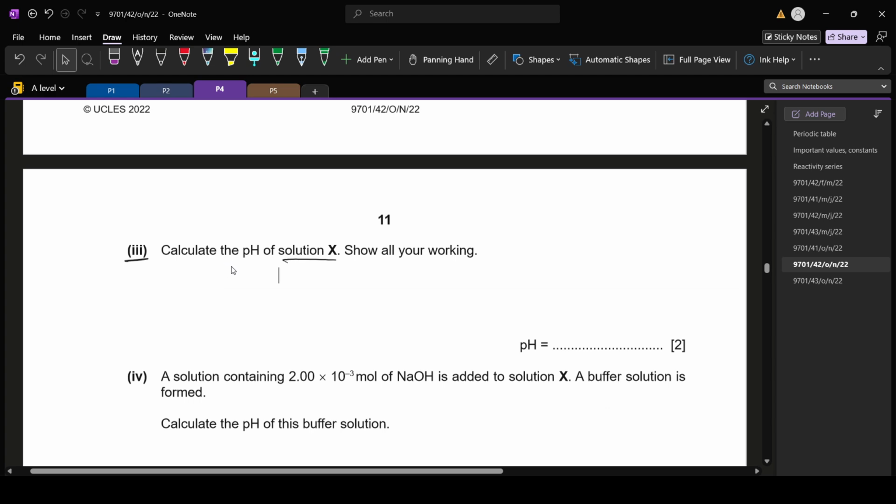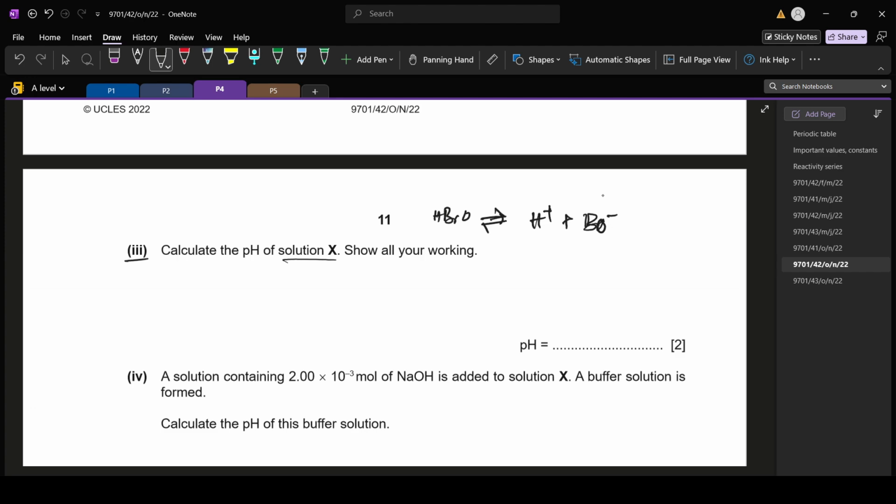Firstly let's write the equation. HBrO will dissociate into H plus and BrO minus.